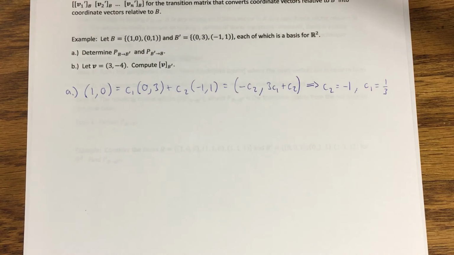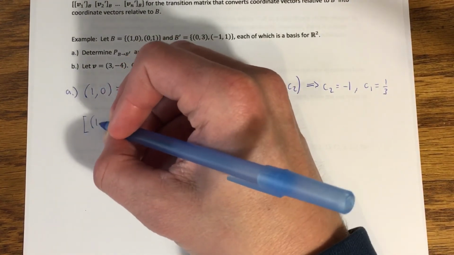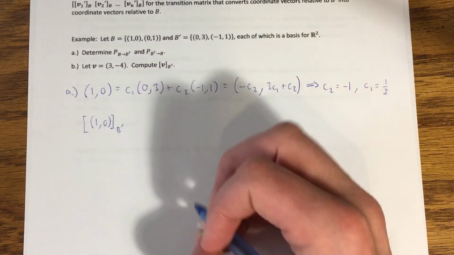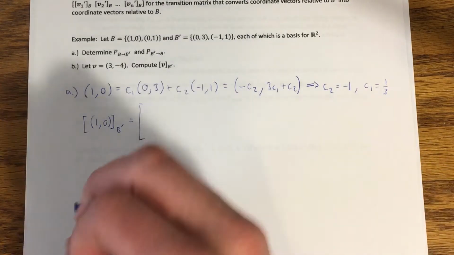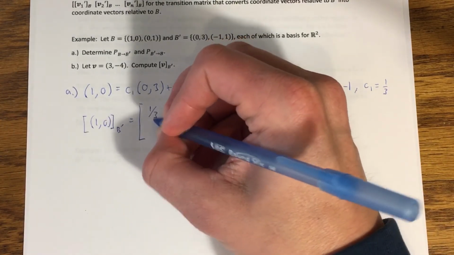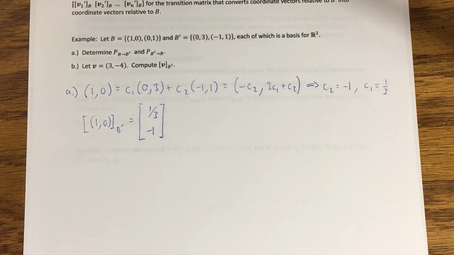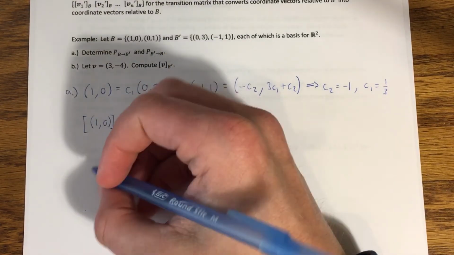What does that mean? Well, for this first vector, vector 1, 0, if I want to express it as a coordinate vector relative to B prime, I just use C1 and C2. It's 1/3, negative 1. Okay? I do this again for the second vector in that basis.